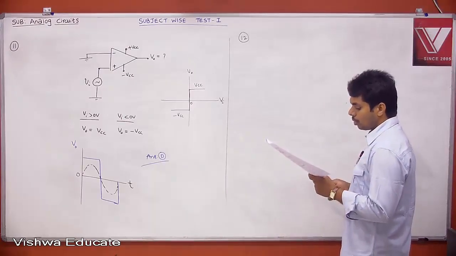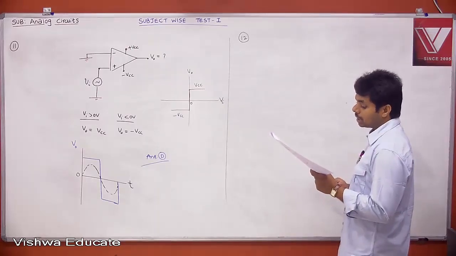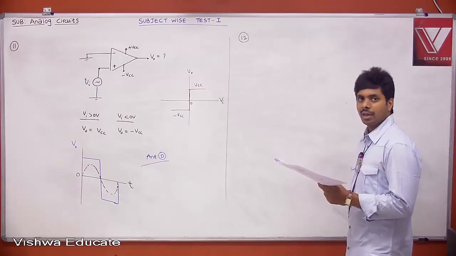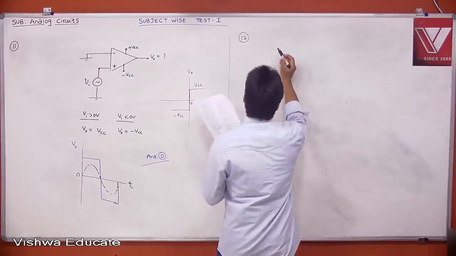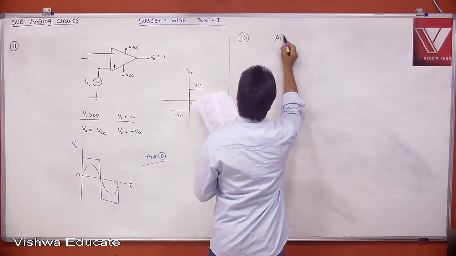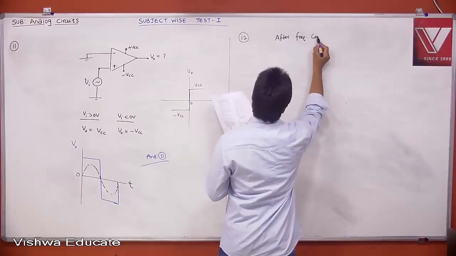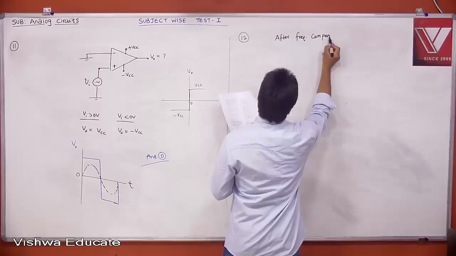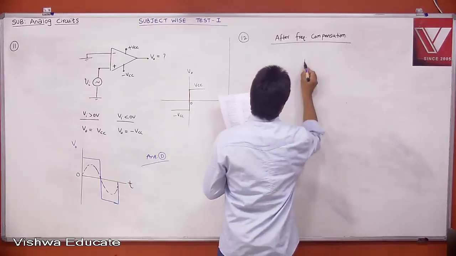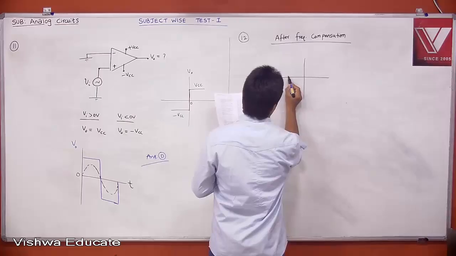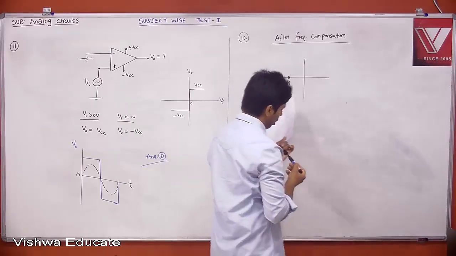The first dominant pole encountered in the frequency response of a compensated op-amp is approximately what? I think we already discussed this in the last sessions, right? After frequency compensation using a Miller capacitor, if you take the root locus, earlier we had P1 and P2, both dominant poles.